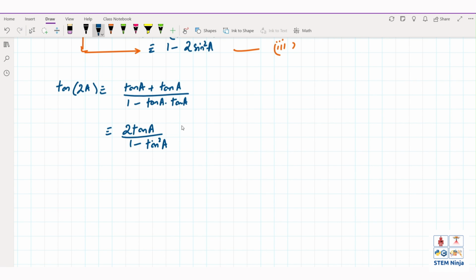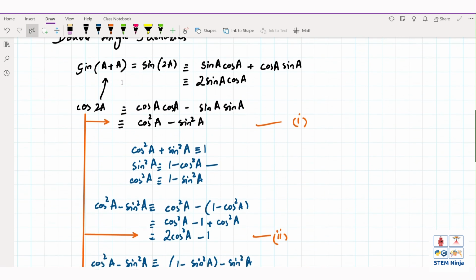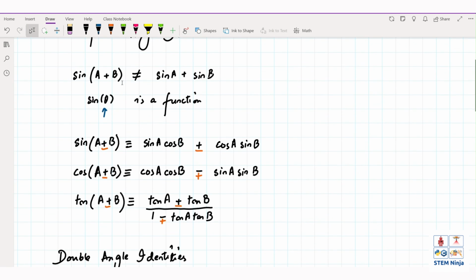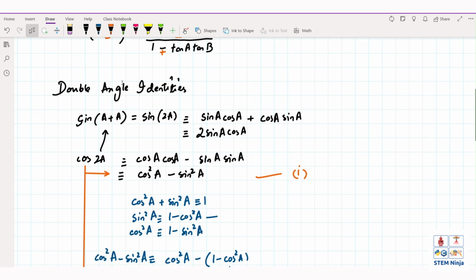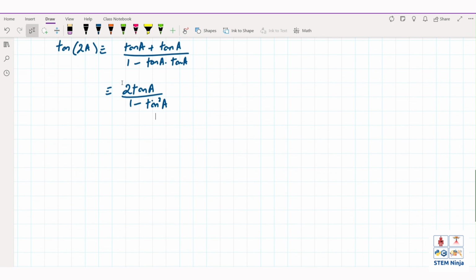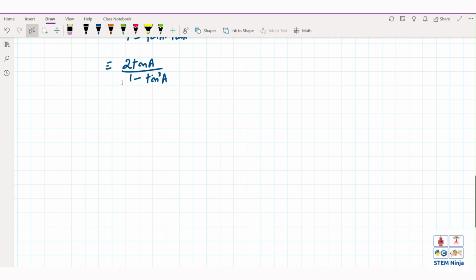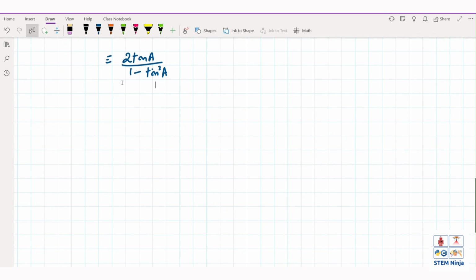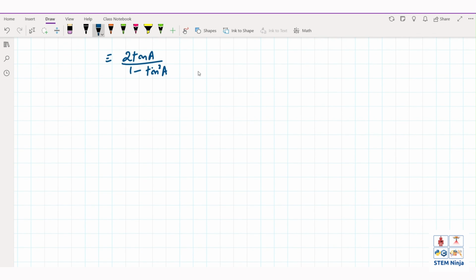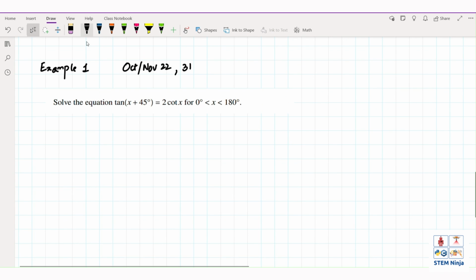Now, how do we use these in equations or identities or problems? Let's look at a few questions to understand what we can do. Look at this example. Solve the equation tan of x plus 45 is equal to 2 cot x. So first off, we need to expand the left-hand side.